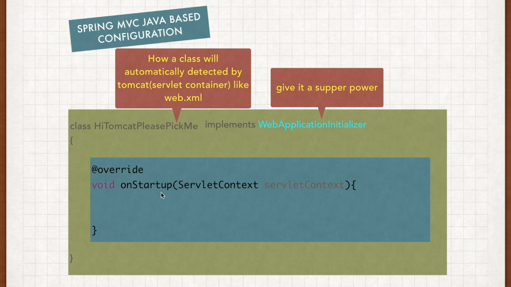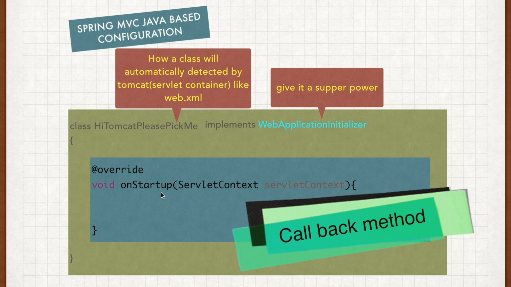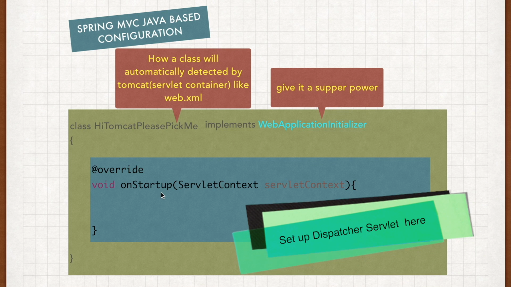Tomcat is going to pick up this particular class and it is going to execute the onStartup method automatically. You don't need to call this method. Tomcat is going to call this particular method, right? So it's a kind of callback method. The developer doesn't need to call this. The framework will call this particular method automatically, right?